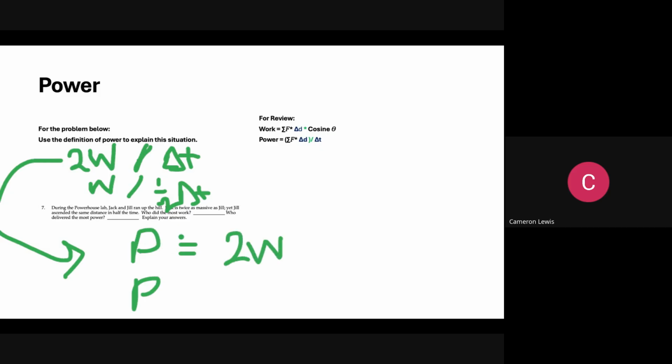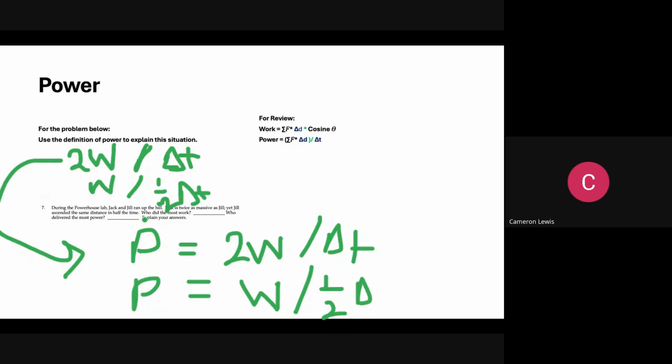So if I rewrite these down here, you have their individual power ratings, because power is basically your work over time. So now we have Jack's power rating, which is twice the work over a certain amount of time, while Jill's power rating is half that amount of work, but she did it in half the time.